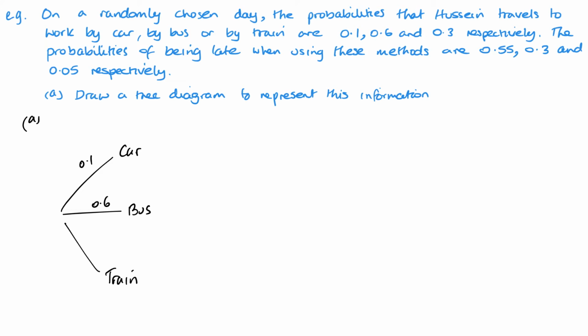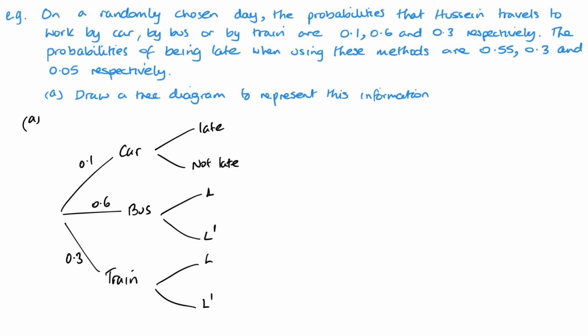0.6, and 0.3 respectively. The probability of being late when using these methods are, so coming off here, we've basically got late and not late. So maybe L and not L, to make it a little bit easier. So from the car, probability that they are late is 0.55.